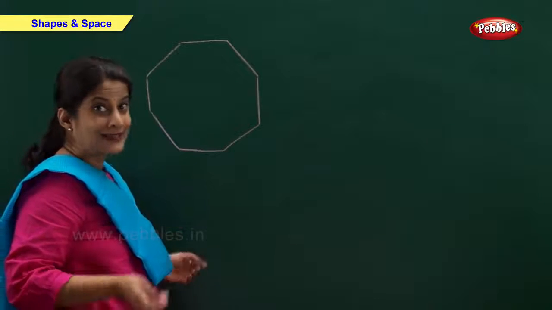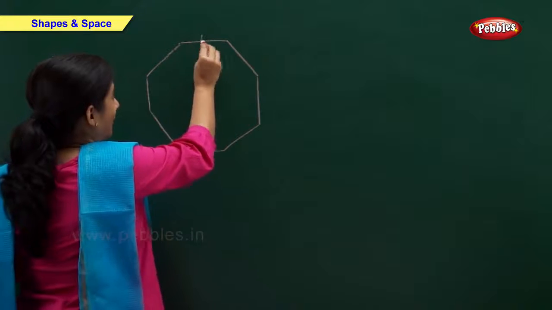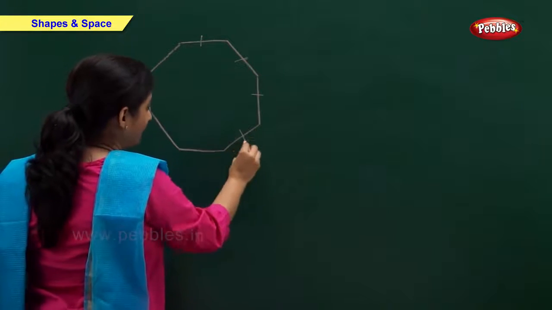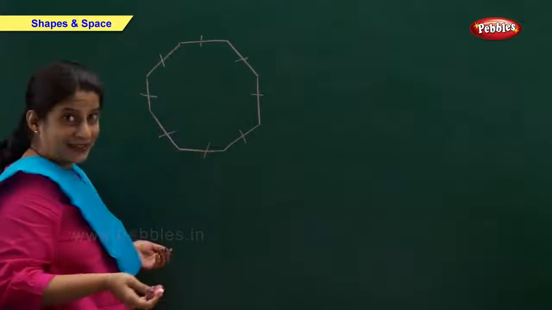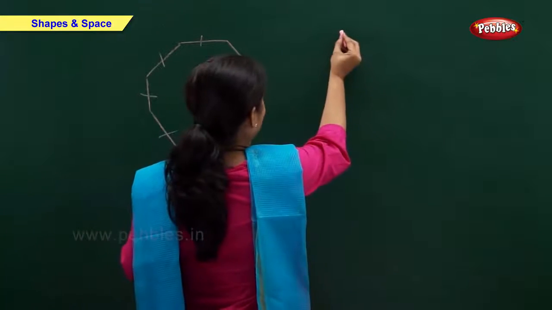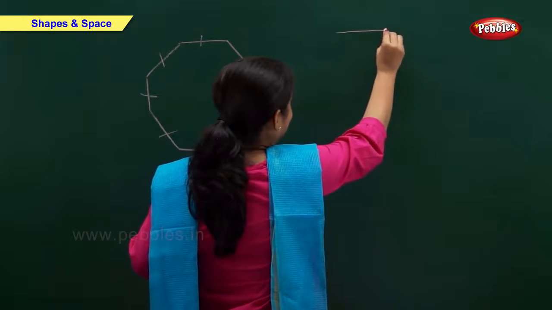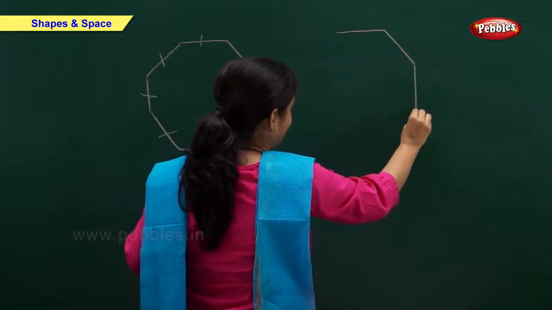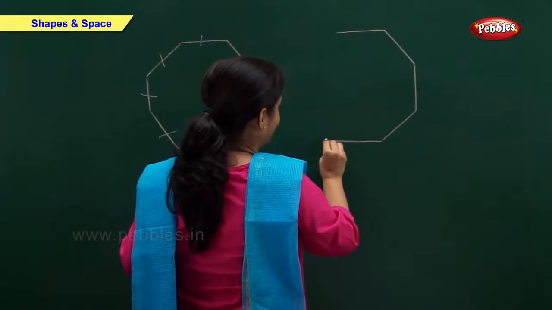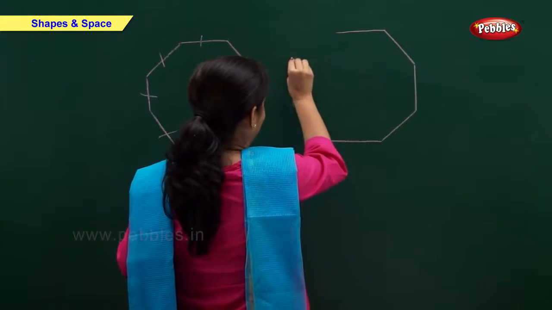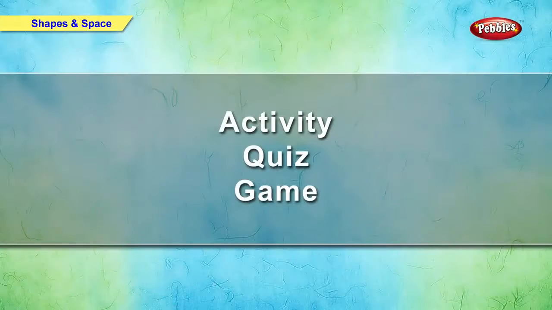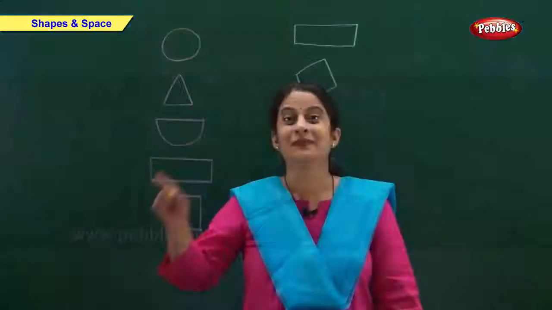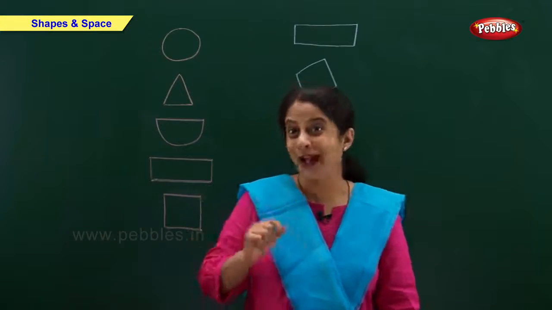An octagon has 8 sides. 1, 2, 3, 4, 5, 6, 7, 8. Octagon. Now you have to help me to match the shapes.